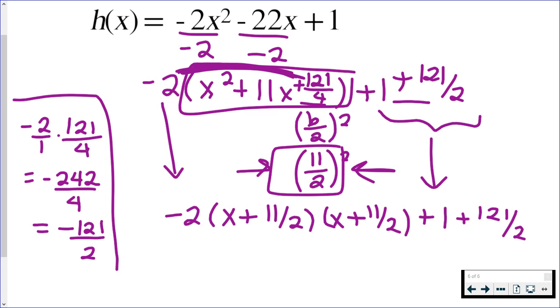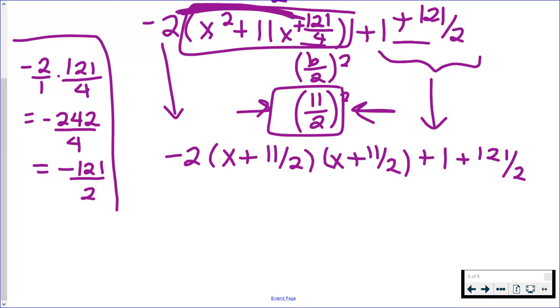So I'm trying to bring everything else down with me. I just factored. Now, because I have the same factor twice, you can write it with an exponent of 2. And my final step is going to be to add 121 over 2 to the 1 that's already over there.